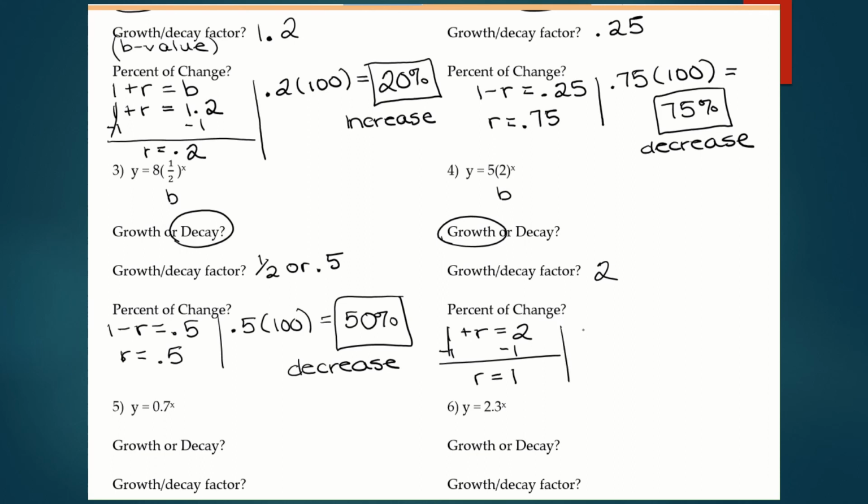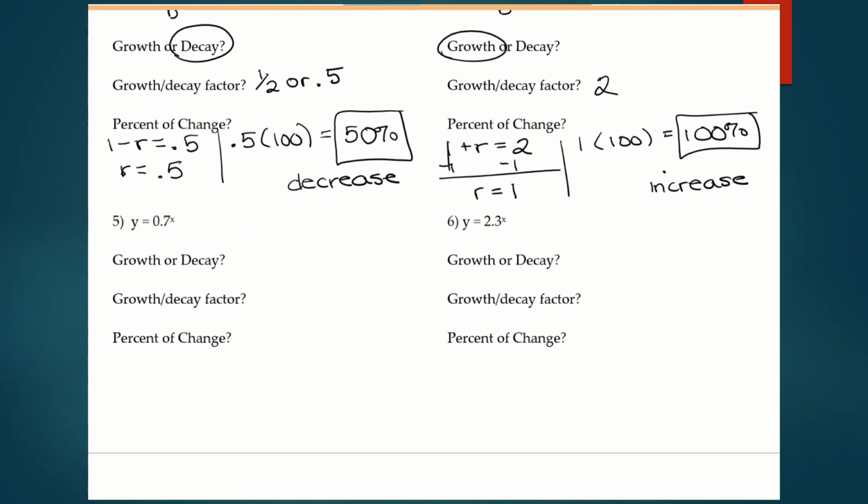Now let's turn that into a percentage. So 1 times 100 gives me 100%. So there's 100% growth, or a 100% increase each time. So as my x values increase, my y values increase by 100%. They're going to double each time.